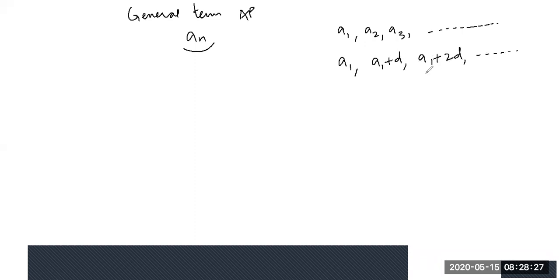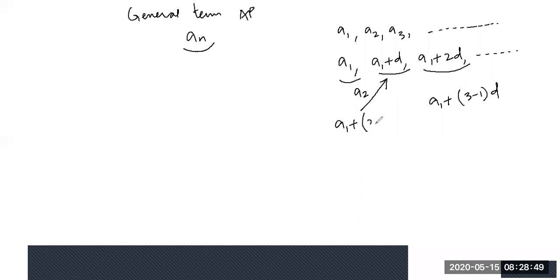So you see intuitively, every term is having first term. If you talk about third term, it has first term, A1 plus, 3 minus 1 into D. If you talk about second term, second term is A2.